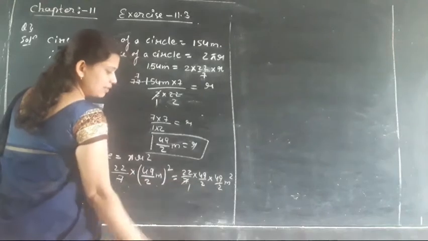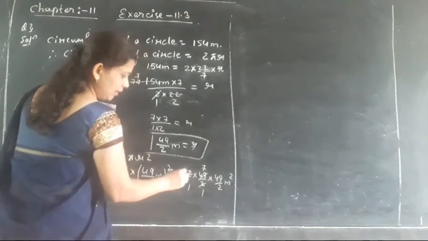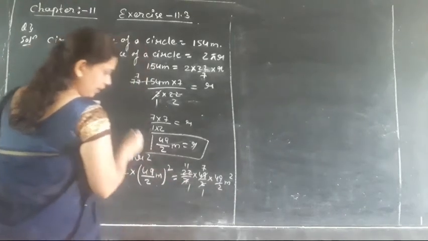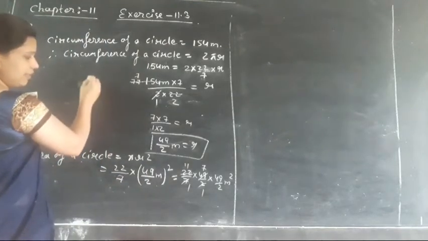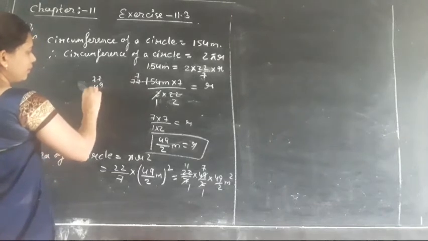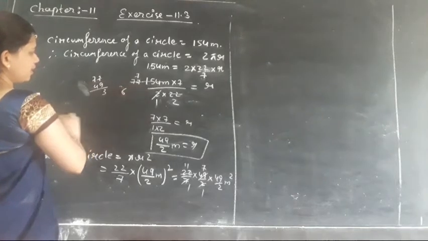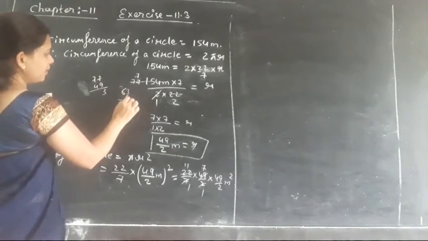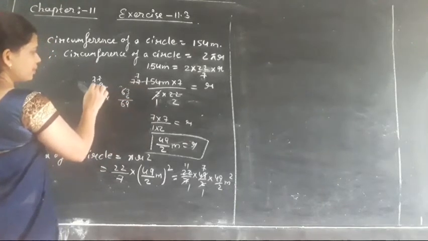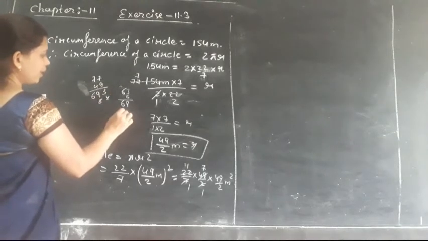Okay, so here 7 ones are, here 7 sevens are 49. Here 1s are, here 11. Here again 2 is there. So the value is 1 into 7, 77. 77 into 49. So here 7 nines are 63. 7 fours are 28, 29, 30.